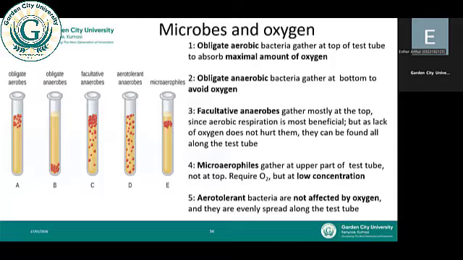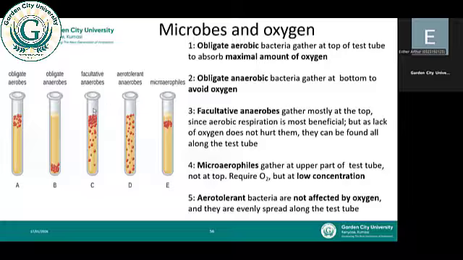So we have A, B, C, D, E. The A, B, C, D, E does not mean 1, 2, 3, 4. It doesn't correspond to what is on the right side. Yes, I understand, but I'm trying to say that the facultative, they need the oxygen, but in the absence of it, they can survive.